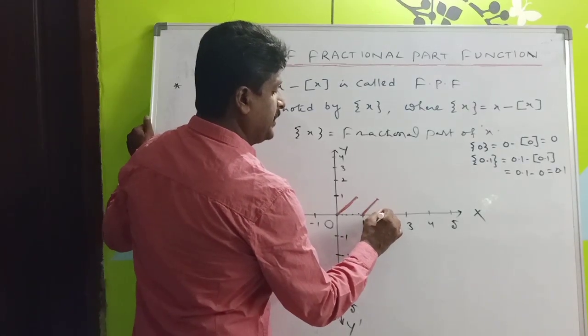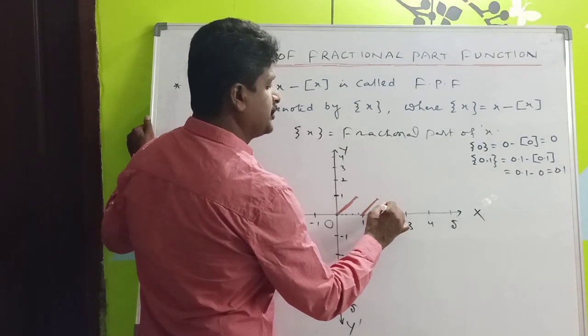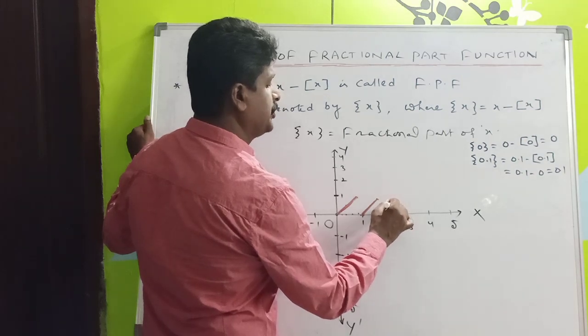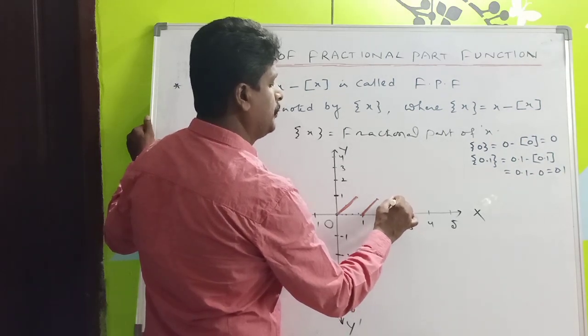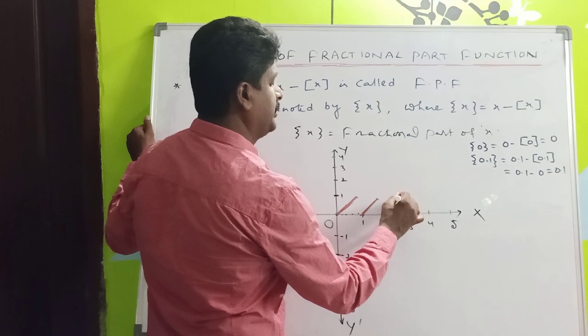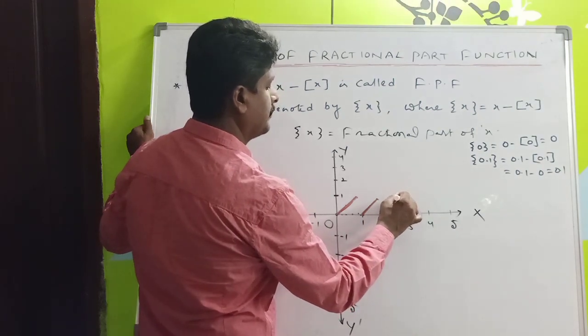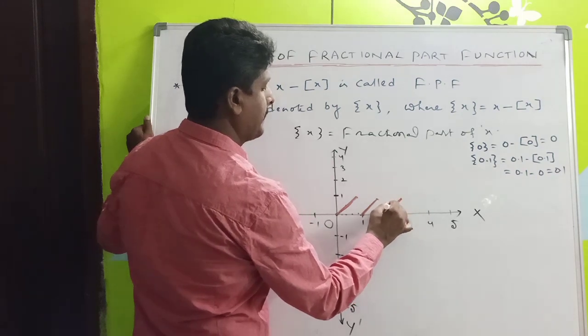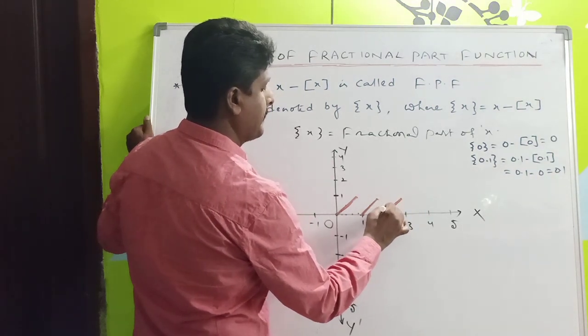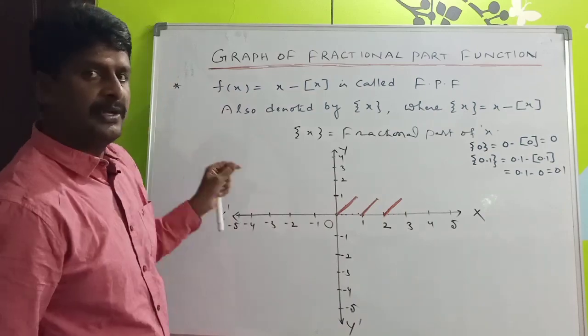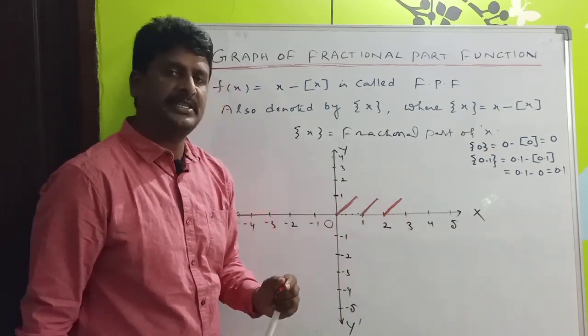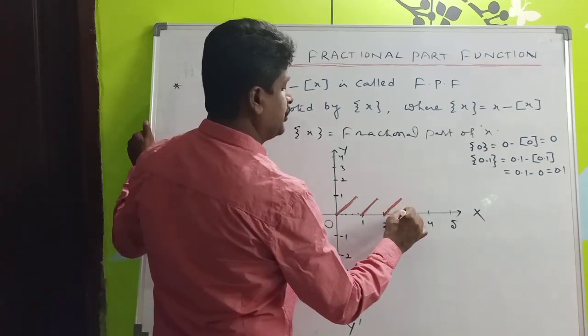At 2 again it becomes 0. At 2.1 it is 0.1. At 2.2 it is 0.2. At 2.5 it is 0.5. At 2.9 it is 0.9. So this is the graph from 2 to the left side of 3. At 3 it is 0.